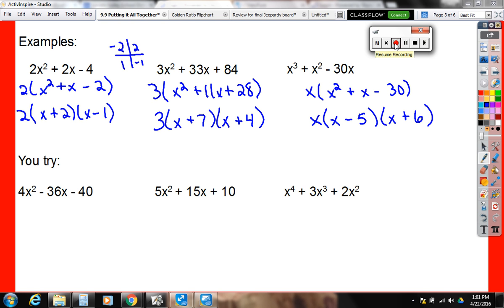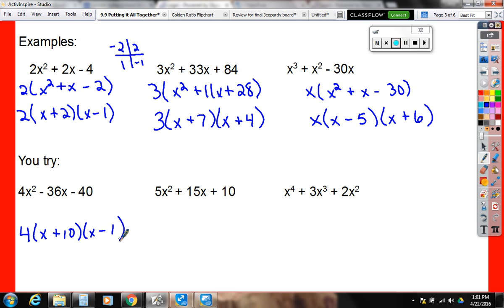Okay, first one. Claudia, what did you end up with? I got 4 parentheses x plus 10, then x minus 1. Okay, I almost agree with that.